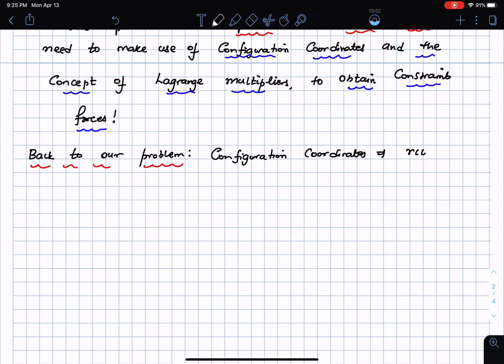Let me write this a little carefully. Okay, so my configuration coordinates are r of t and theta of t.